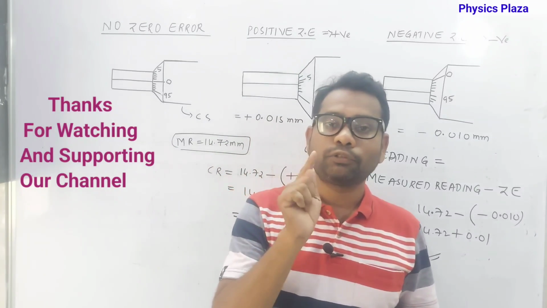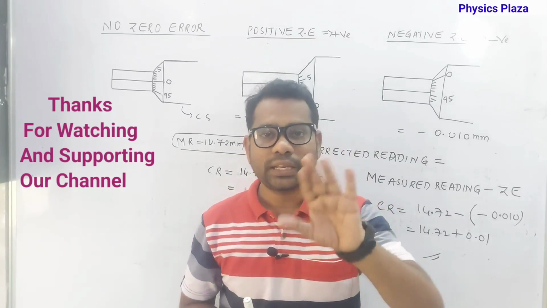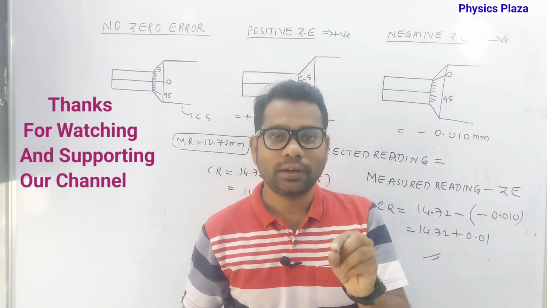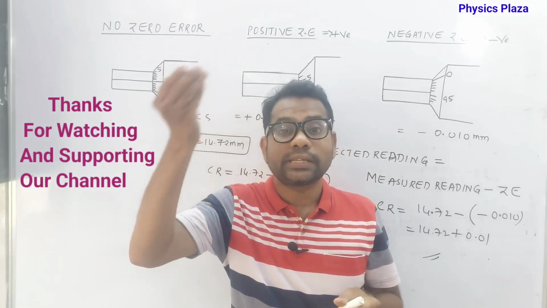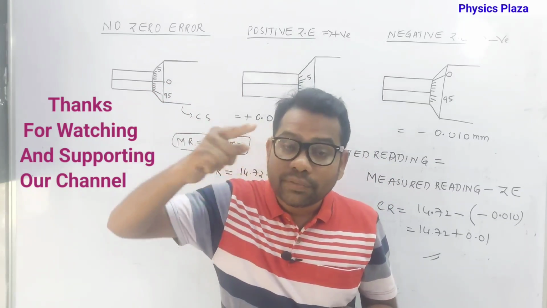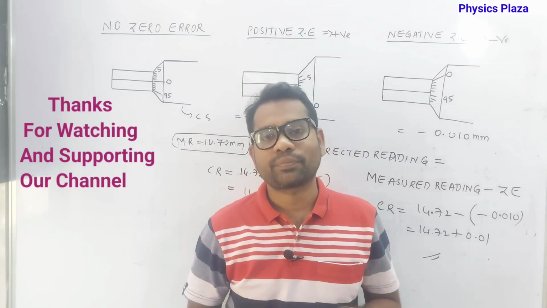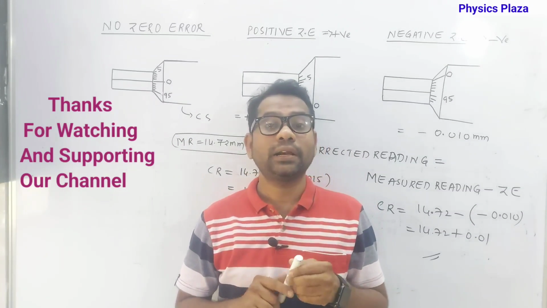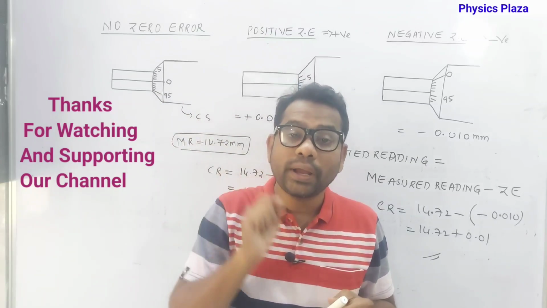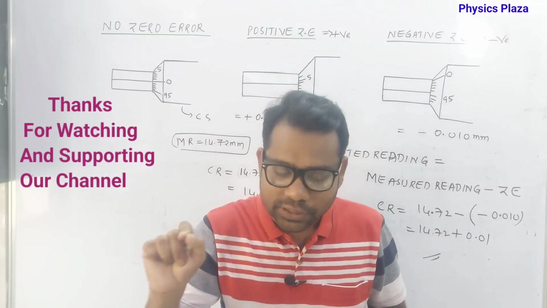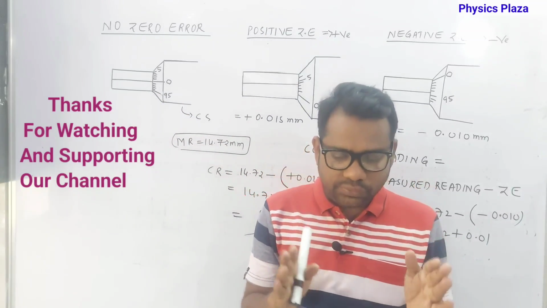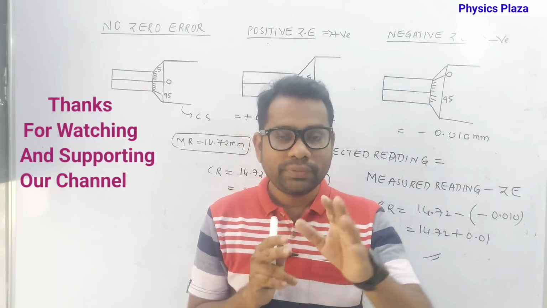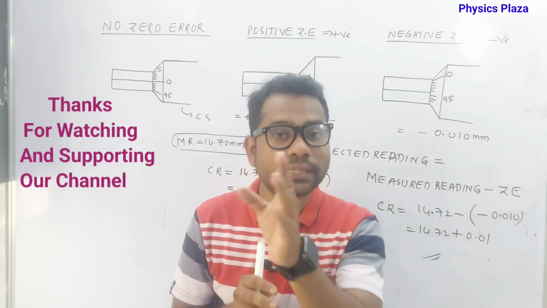Then what about the least count formula? Pitch can be calculated as the distance traveled by the screw divided by the number of complete rotations. Least count can be calculated as the pitch of the screw divided by the number of circular scale divisions. Children, most students get confused between the definitions of pitch and least count.